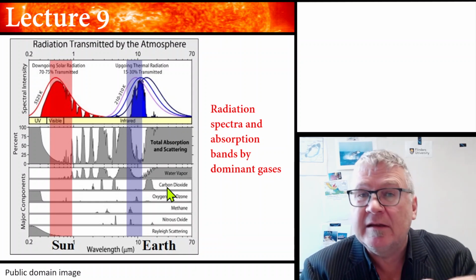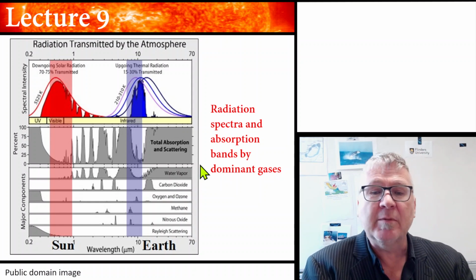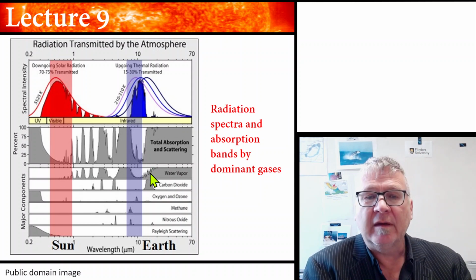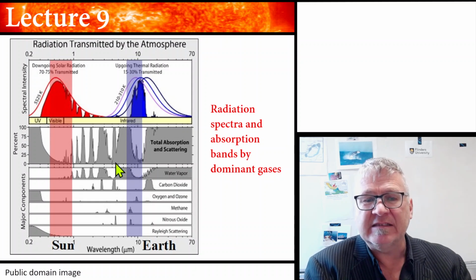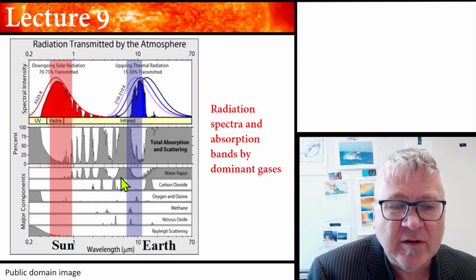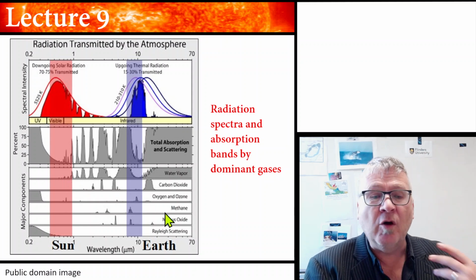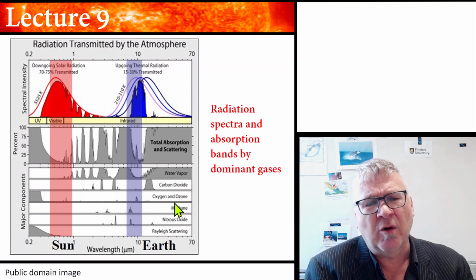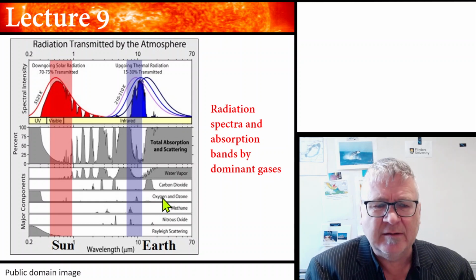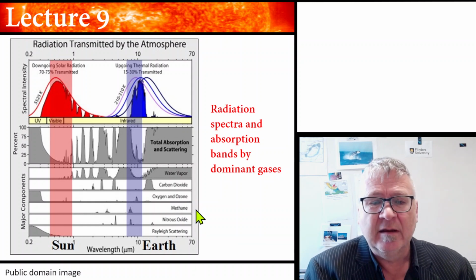And now you can split it up into the components and look at the absorption. Water vapor has a big role here at the higher wavelengths, and on both sides of the thermal radiation. It has different bands. Oxygen and ozone have a little bit of an effect, but nothing big.